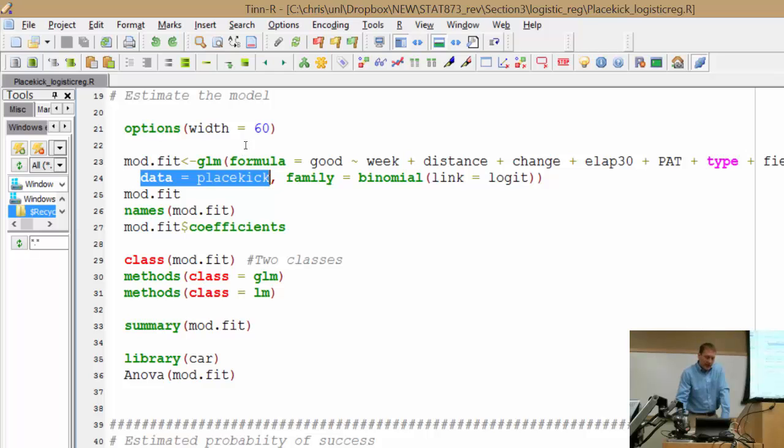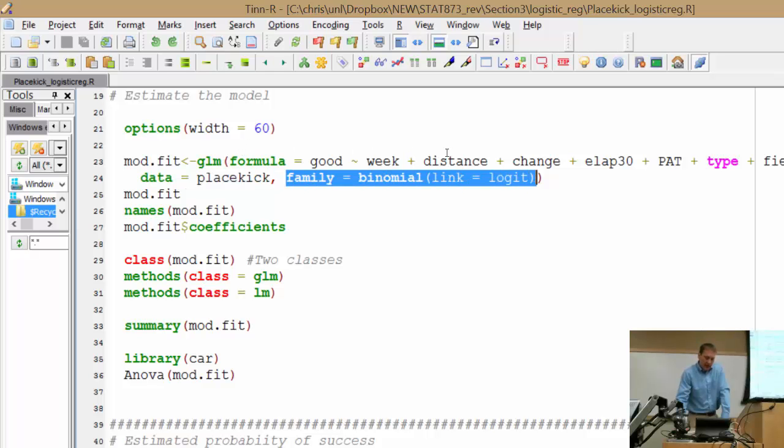And then lastly, an argument that we did not have with the LM function specifies what kind of generalized linear model we want. There's actually a lot of different kinds of generalized linear models. We're going to talk about one, the logistic regression model. You can think of it as a family of different kinds of generalized linear models. That's why we have an argument called family. And we specify, first of all, binomial.